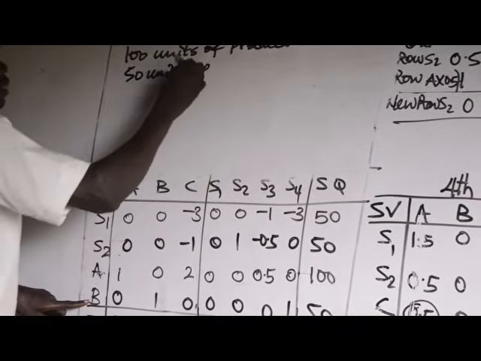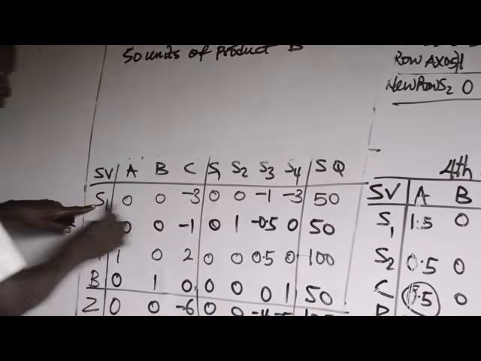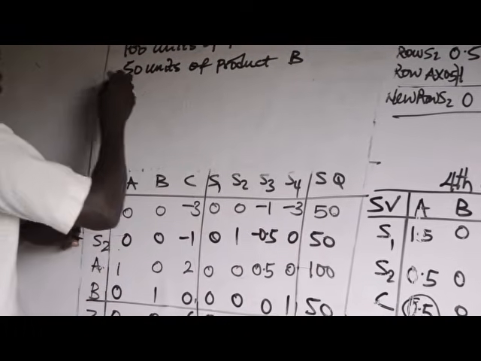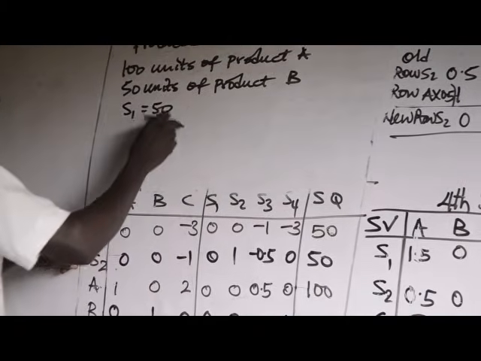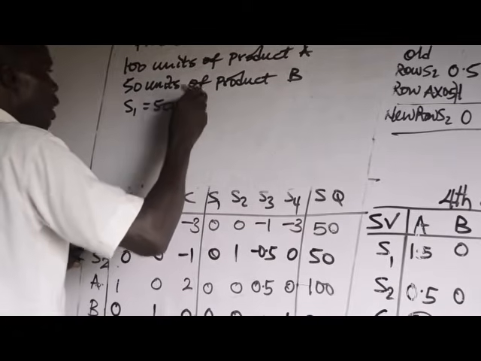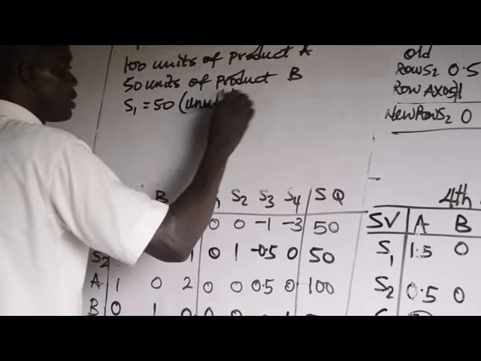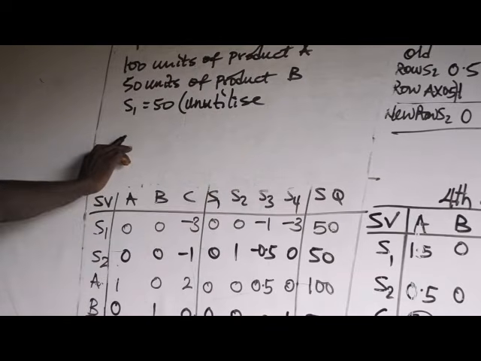Then produce 50 units of product B. If you look at the slack, you have 50 for S1. The slack represents unutilized resources. Which of the resources did we denote by S1?